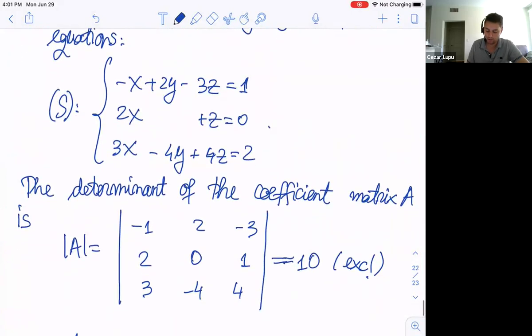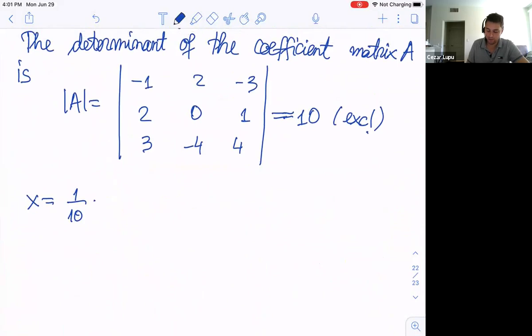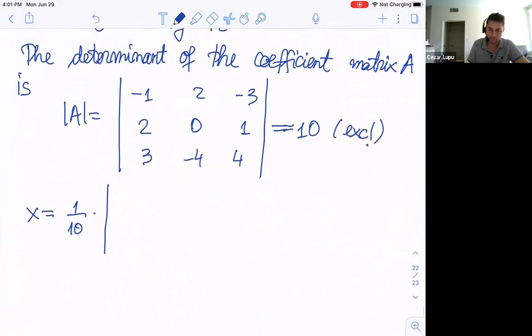So this will be 1 over 10 times the determinant of a 3 by 3 matrix. The first column will be 1, 0, 2. Then I'll have 2, 0, -4, and then -3, 1, and 4.